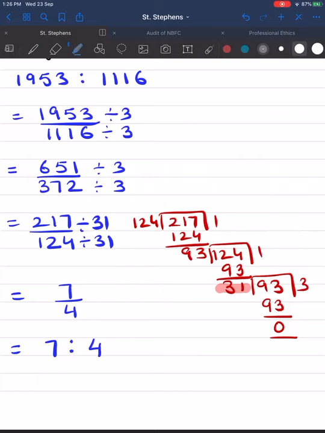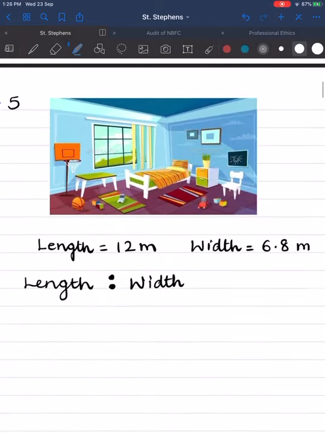Now let's do question 5. The length of a rectangular room is 12 meters and its width is 6.8 meters. Find the ratio of its length to its width. So here we have to find out ratio of length to width. So it is 12 meters is to 6.8 meters.